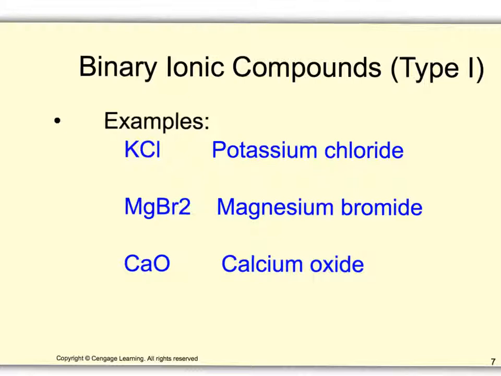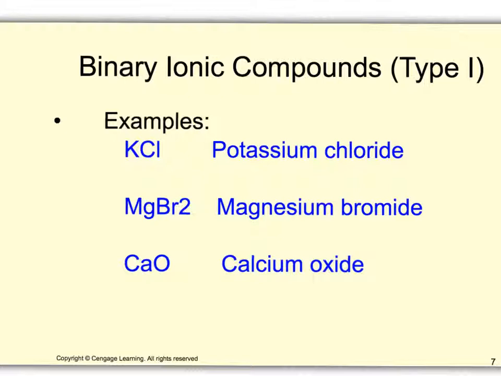Because we have a metal and a nonmetal, we have a binary ionic compound. The way we name this is we name our first element, our metal, so we say potassium. We take our second element, which is our anion, and we drop the ending and add IDE. So the name of KCl would be potassium chloride.